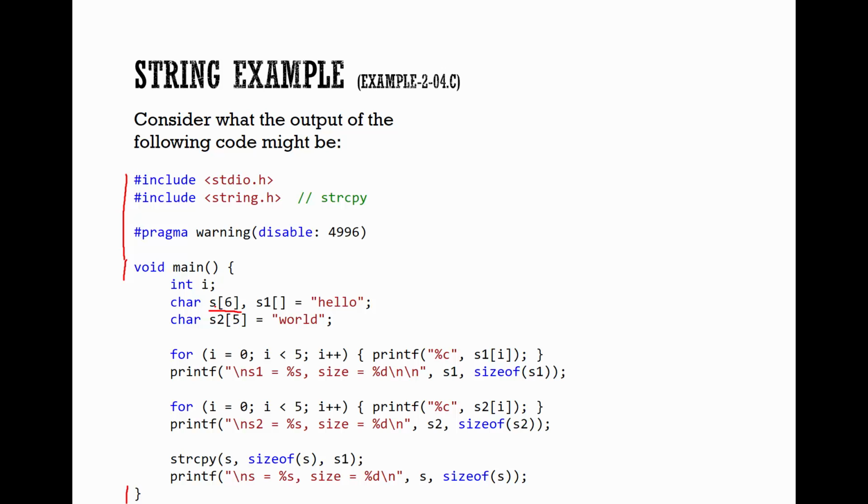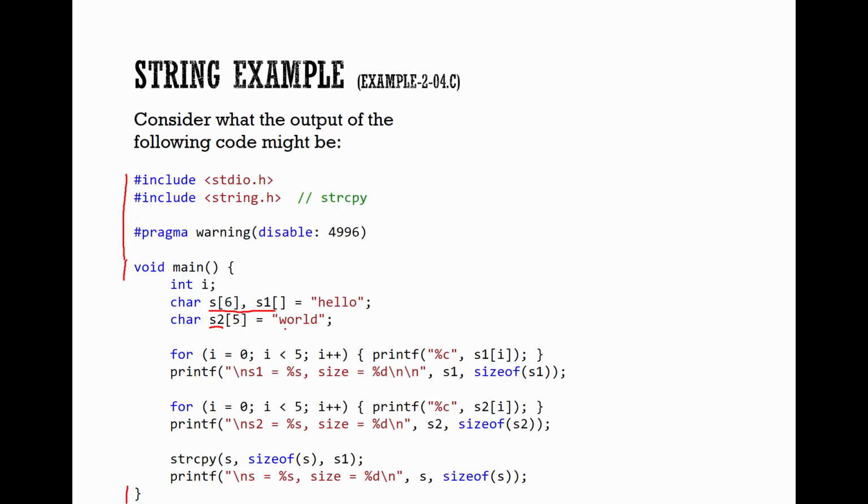And then glancing again at S, we said it was of length 6, so that's an array big enough that we could potentially even copy that entire word hello in there. Okay, so that's what we have for these 2 variables. Now we also have a third one here, S2. S2 is of size 5, and we notice over here we're trying to store in the word world.